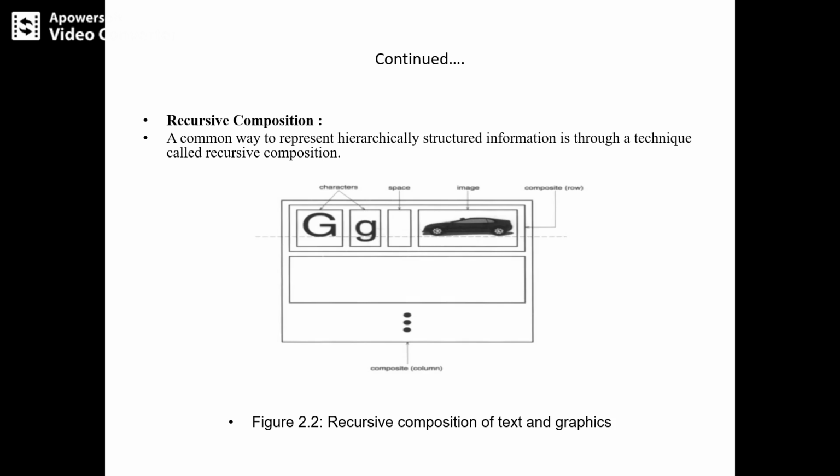For example, as a first step we can tile a set of characters from left to right in a line of the document. Recursive composition helps us to do this.